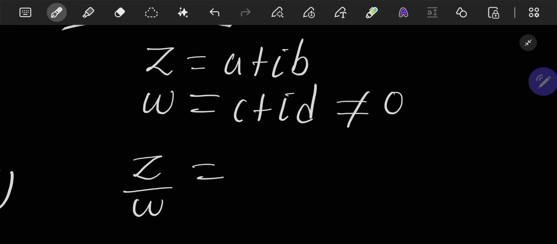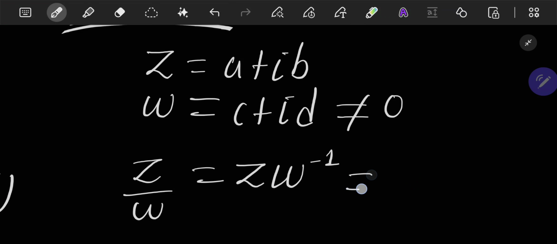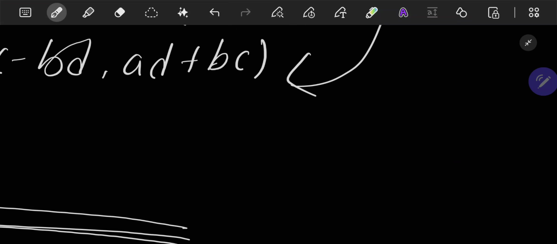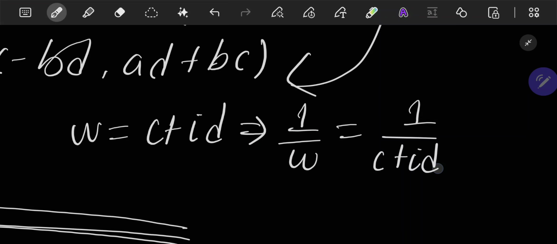Now, to find this, we can write this essentially as z times w inverse. In order to understand the further steps, we will need to find the inverse of w. So w is equal to c plus id, which implies that 1 over w is 1 over c plus id.